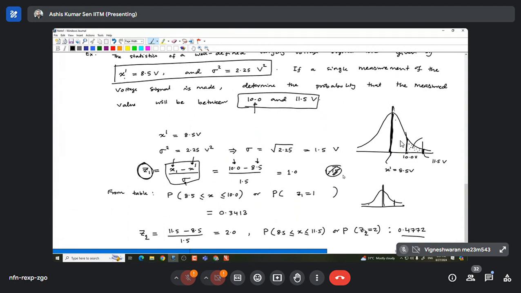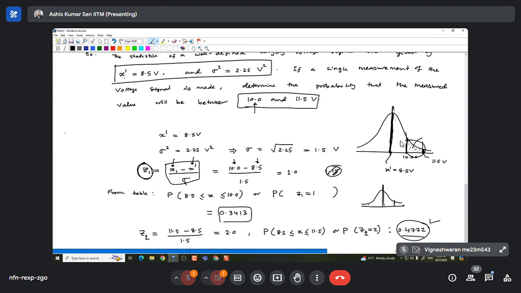Now, what is this probability signifying? It is signifying the area under the curve from here to here. So how do I get this area? I subtract this from that, then I will get the target area.